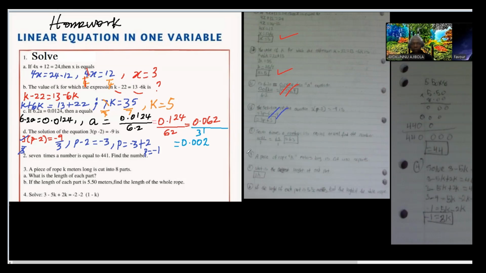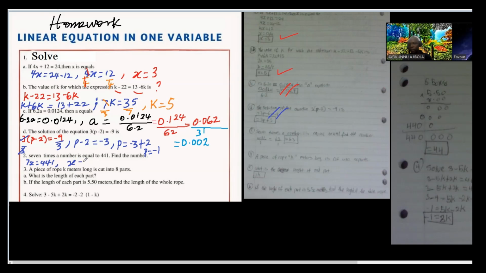The next one: 7 times a number equals 441, find the number. So that is 7x equals 441, and we are looking for x. That means we have to divide both sides by 7.